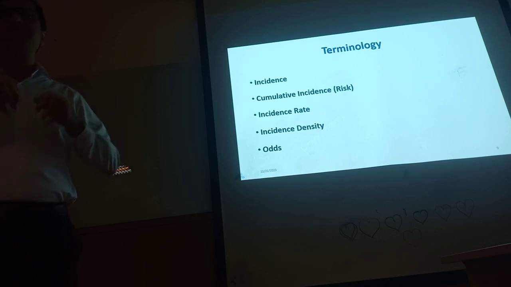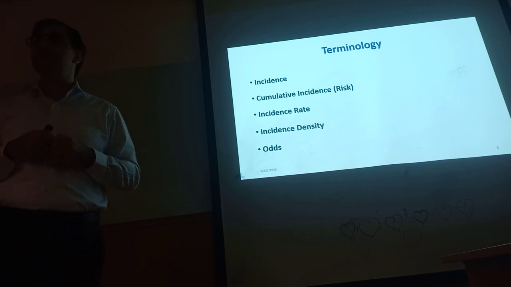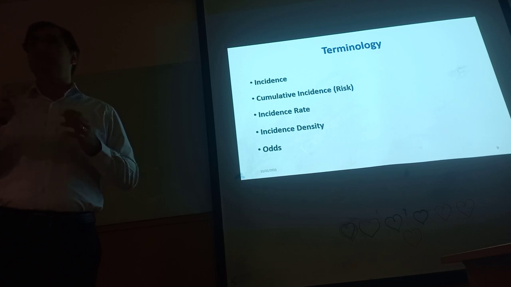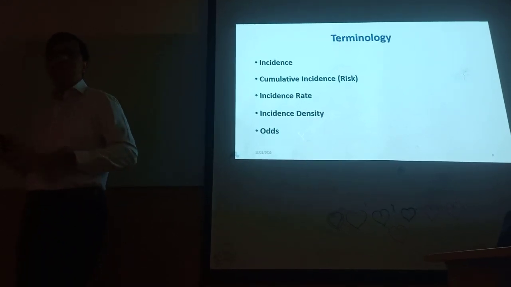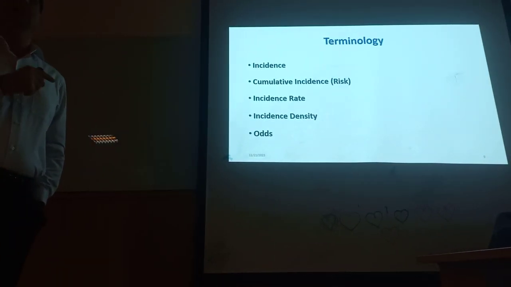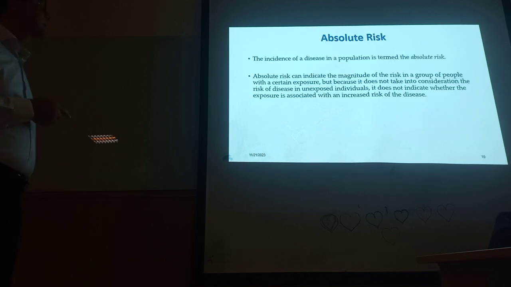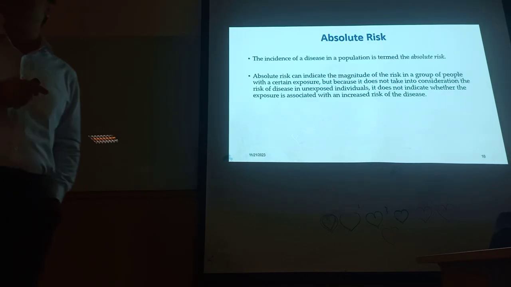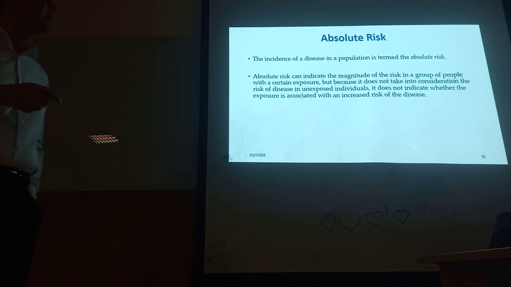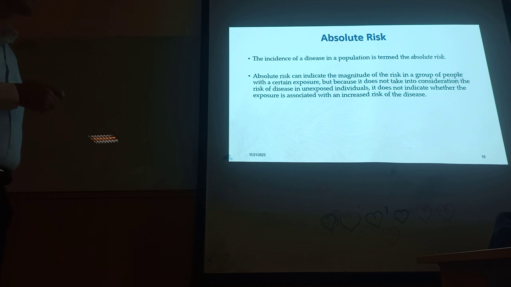So odds is another concept that is fundamental for epidemiology and for medical literature. So you have to know the concept of odds. So with this review, let's proceed to absolute risk. What is absolute risk? Absolute risk is the incidence of disease in a population.